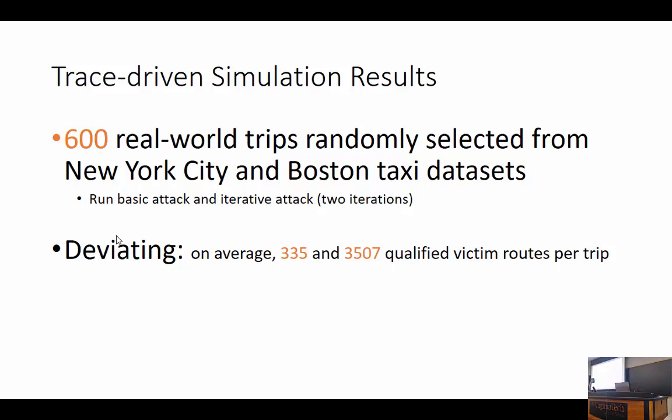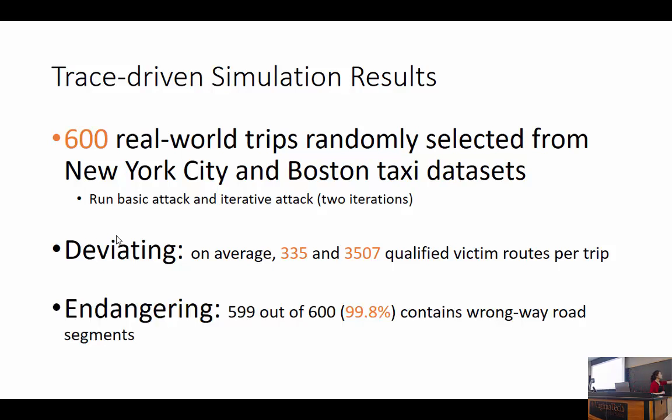And for the endangering attacks, you can see that 599 out of 600 actual real-world trips can contain a wrong-way route segment. That means that out of all the 600 real-world trips, we can launch an attack and divert the drivers to go into a wrong-way situation.